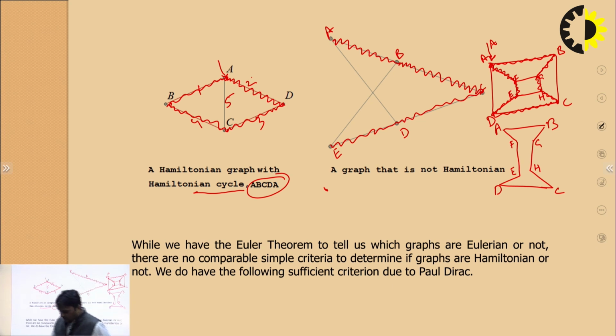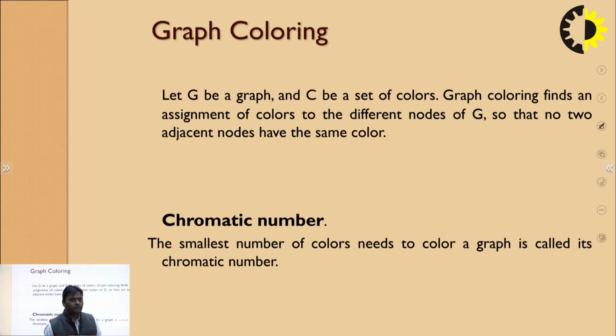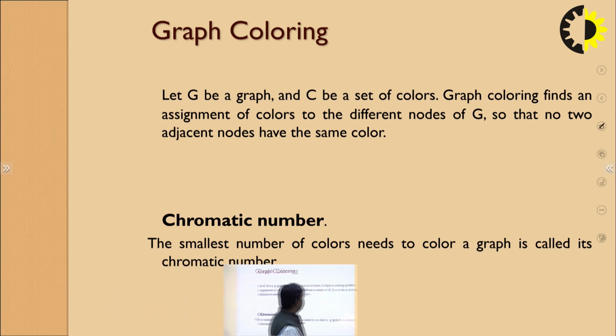With the help of the graph coloring method, we can find out whether the given graph is an Euler graph or not. So our next topic is graph coloring, which is the solution of the Euler graph.